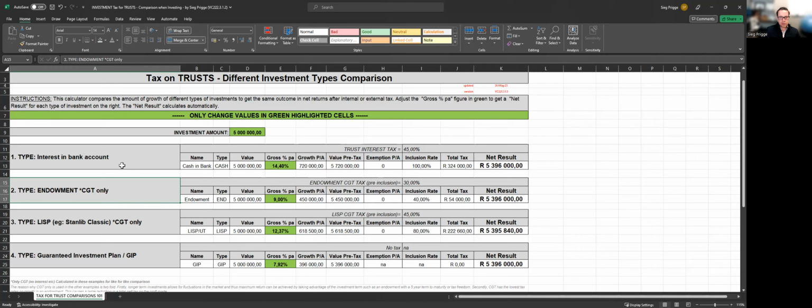So if I feel a client needs about 2 million access, then I'll invest 2 million Rand in something that's more accessible, like a type 1 or type 3 investment, and then I'll invest the rest into something more efficient in terms of returns and tax, where the client is willing to wait out the period. Right, so I hope this makes sense.